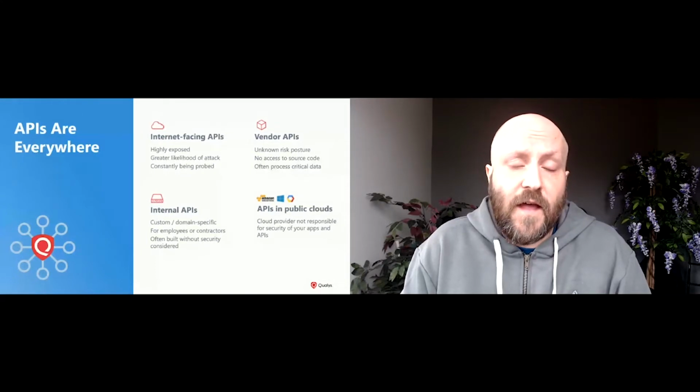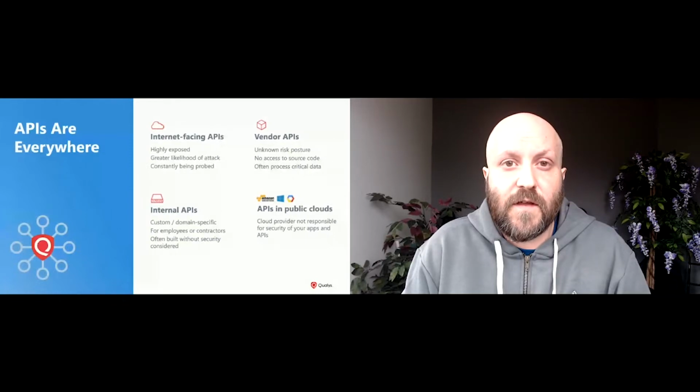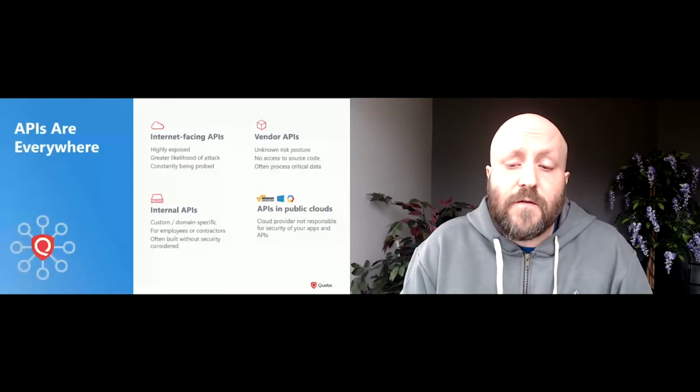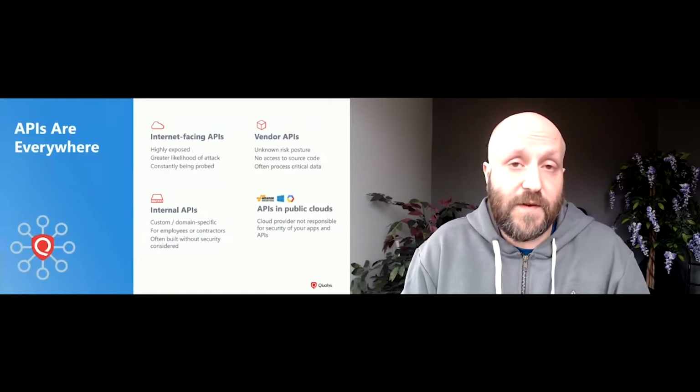For instance, Qualys has APIs for all of our products to allow integrations with ticketing systems, CI/CD systems, and the like. And those APIs really could be hosted anywhere. Those could be in the public cloud, in your internal environment, or again, at a vendor's environment. So you're interacting with APIs, lots of them, and all coming from different places.